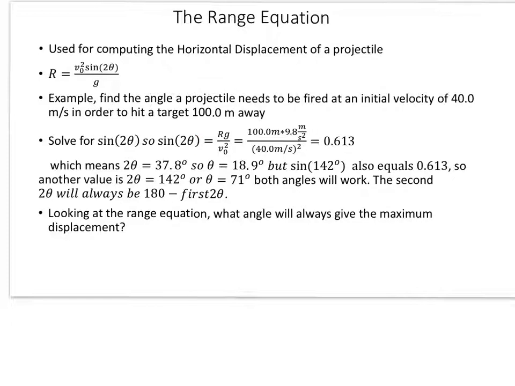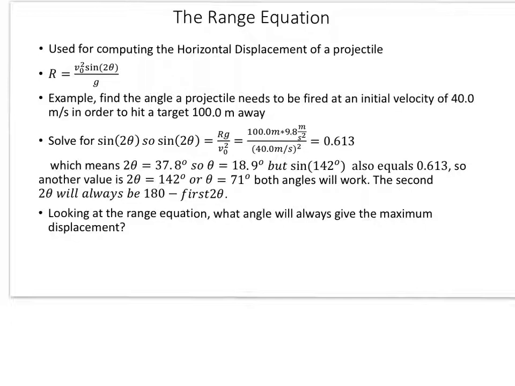So we have to start out by solving for the sine of 2 theta. So the sine of 2 theta is going to be equal to the range, which in this case is 100 meters, times g, 9.8, divided by the initial velocity, remember in this case not a component, 40 meters per second, squared. We end up with this value, 0.613.